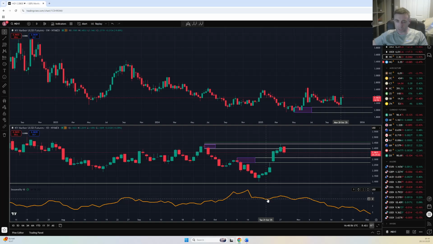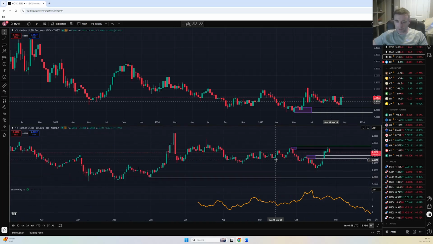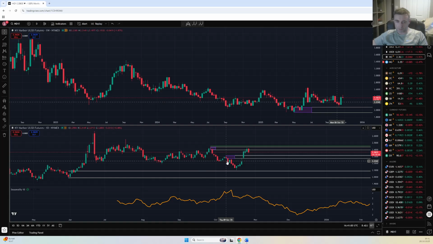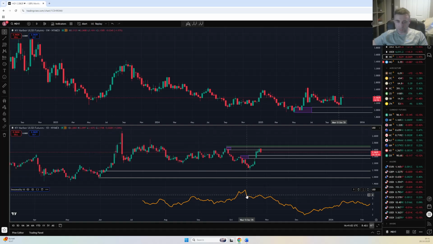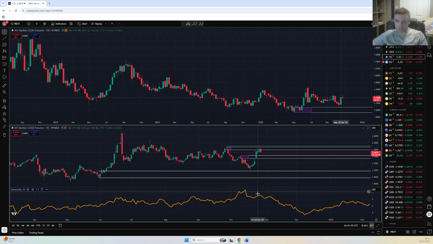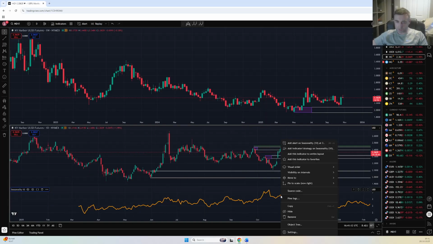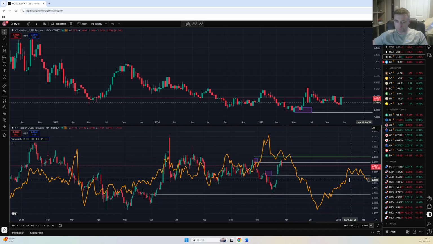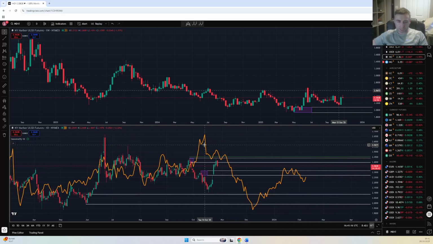Now when it comes to seasonality, this is what I really like here. Now this is the 10-year seasonality, going back 10 years. As you can see, we were estimated to start a bit of a downtrend mid-October.